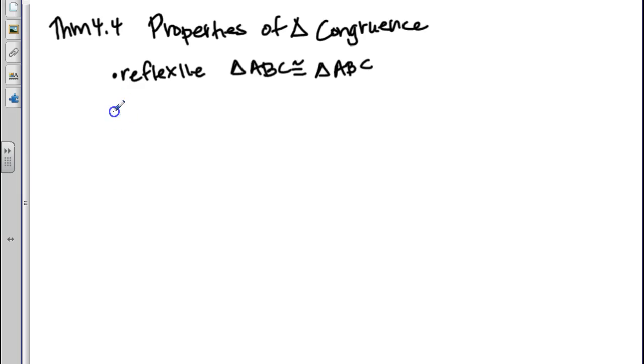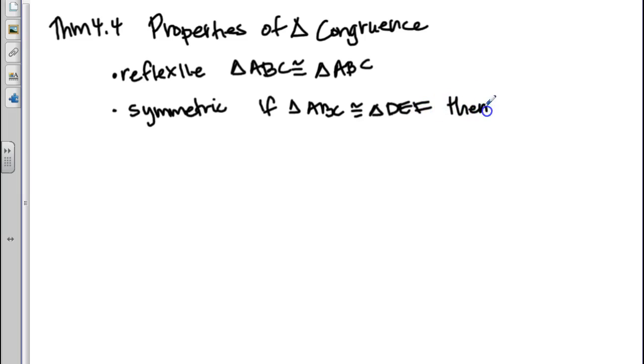So these will sound really similar to the reflexive, symmetric, and transitive that we've used before. Symmetric property. If triangle ABC is congruent to triangle DEF, then we can flip those around. Triangle DEF is congruent to triangle ABC.